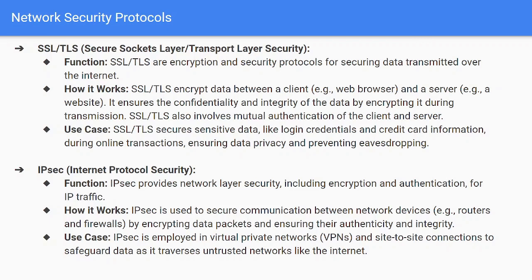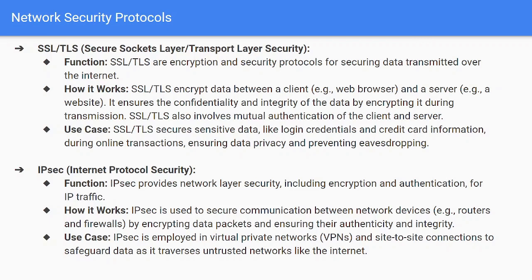So basically what SSL and TLS do is that when you want to transfer data from a client, that is your web browser, to a website, if you are transferring it through the SSL and TLS protocol, that data will be encrypted. You get? So this is to ensure the confidentiality and integrity of the data by encrypting it during transmission.